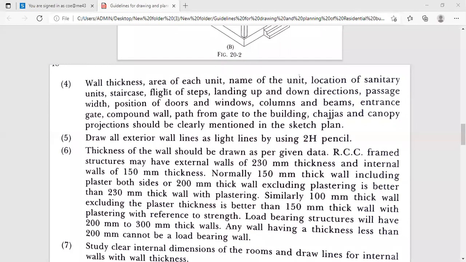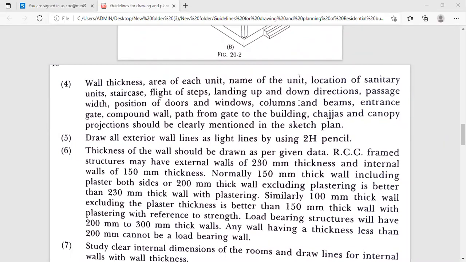Firstly we have to go for the calculation, by considering the rise and tread you have to go for the design of the staircase, and then you have to write the number of steps in the first flight, in the second flight, or in an intermediate flight. Then you also have to show the landing, up and down direction, meaning which of the two flights you are going to use for going up, and which flight for going down.